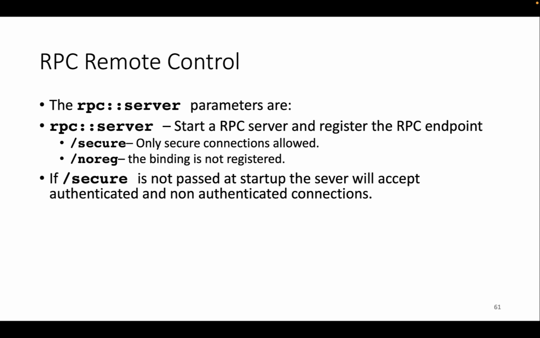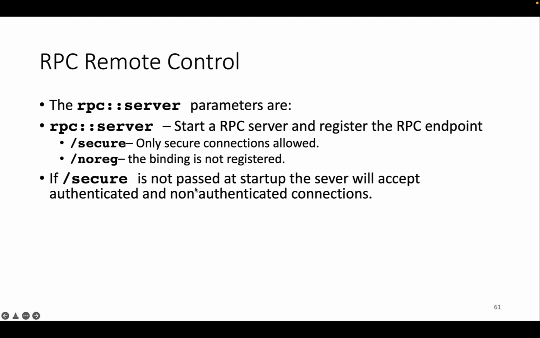All authentications will always be NTLM, so there's going to be a logon session locally on the machine when we connect to it. No reg is to not register the endpoint itself. This is only useful for testing. We would never use this in an actual engagement or to demo this as an attack, because then we wouldn't be able to connect to it. It's just a simple internal way of just checking.